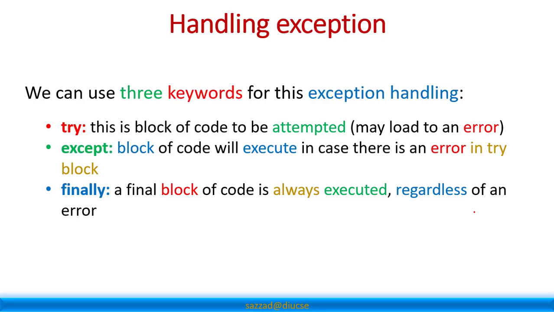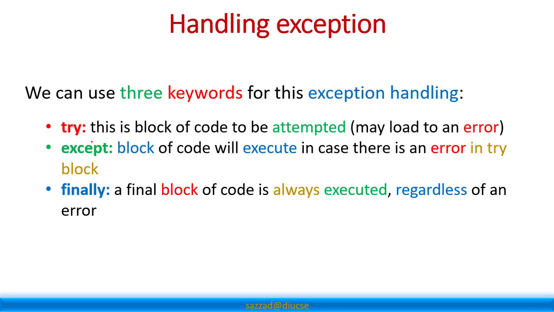We can use three keywords for exception handling: first try, then except, and then finally. In the try block we put the portion of our code in which the error can take place or can happen. So we just need to assume in which part the error can happen.